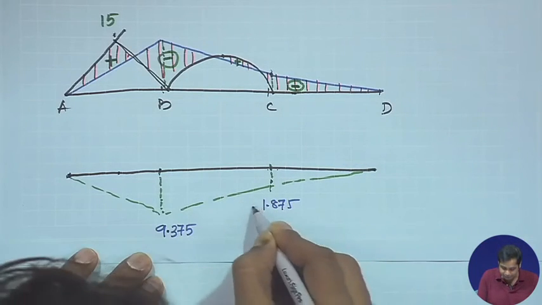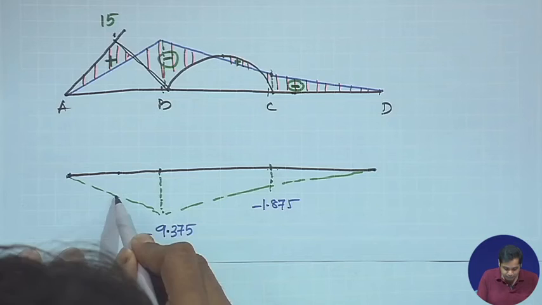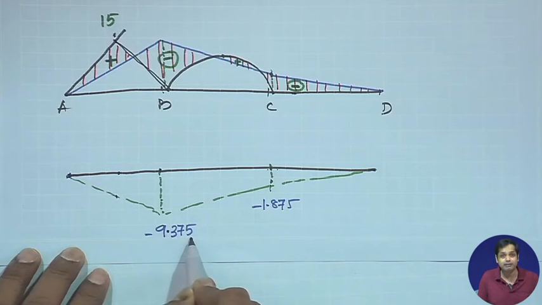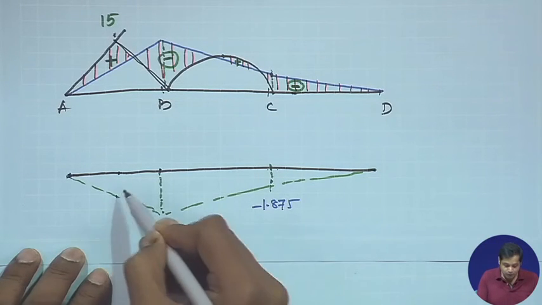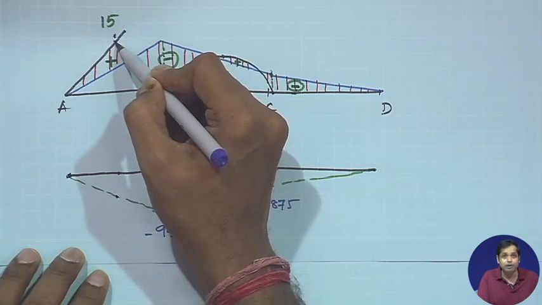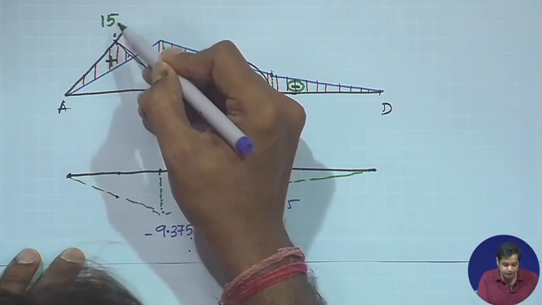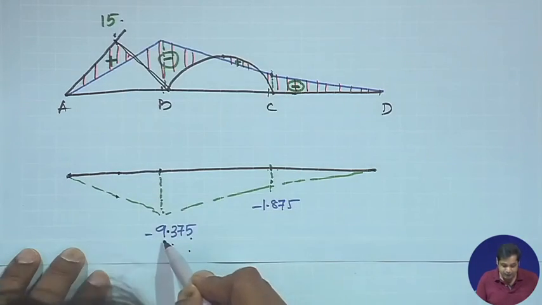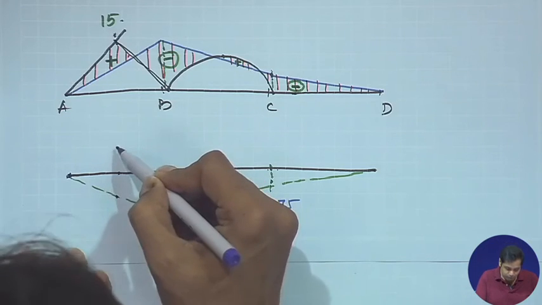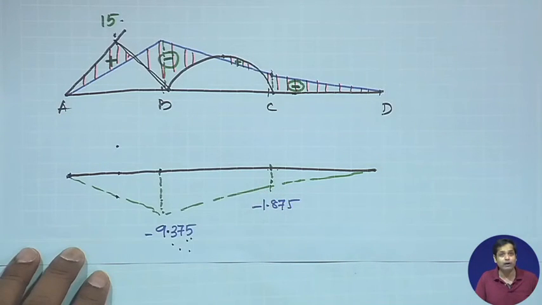They are all negative values. So, at the mid span it will be minus 9.375 divided by 2. So, at the mid span the bending moment due to the primary load is 15 and the redundant force part is this divided by 2. So, the bending moment is somewhere here.